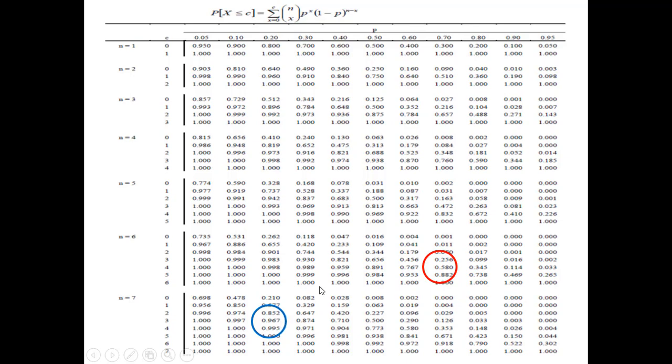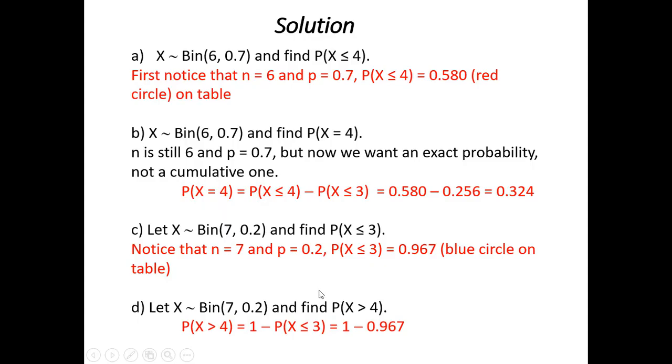In the next part, we're asking to find the probability x is greater than 4. So to do that, we use the complement, since the table only gives us less than or equal type probabilities, or cumulatives. So we convert this using the complement.